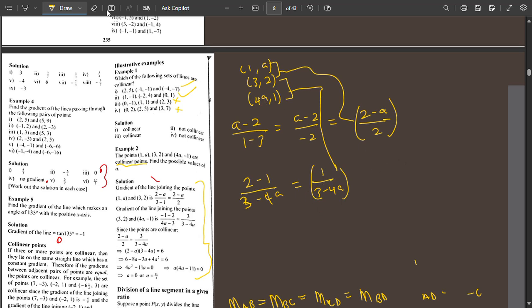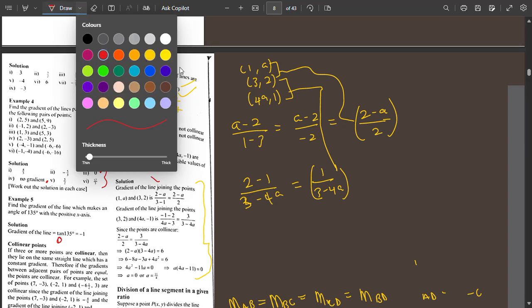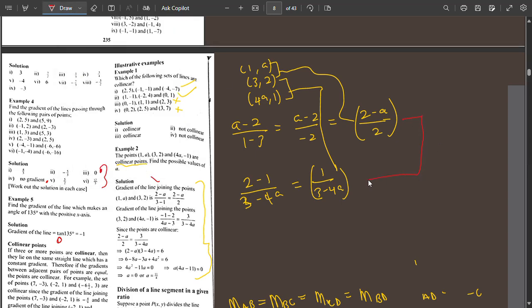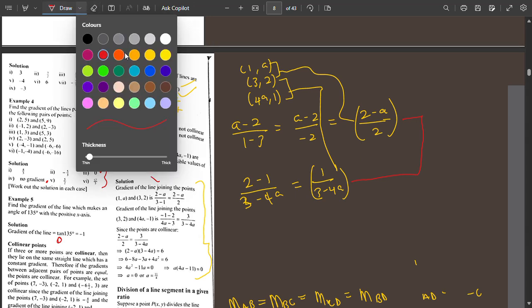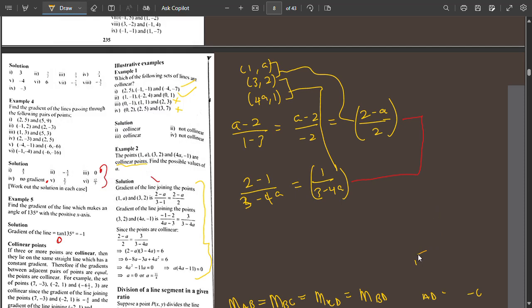Now, we should equate these two, since they are the same thing, according to the law of collinearity. I don't know if such a thing exists, but if I'm not a noob, then I can create things, and I just created the collinearity law.